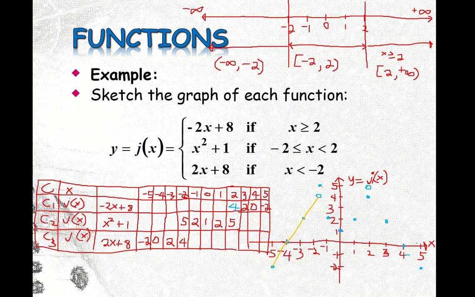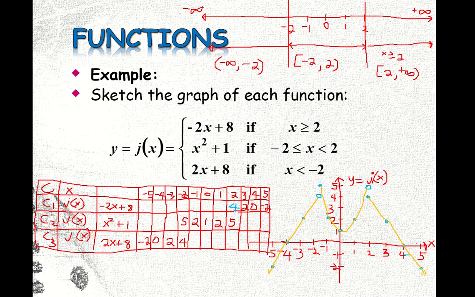Then we have another one here. Since you can use more values for x, you can put an arrow here, and do the same with this one.